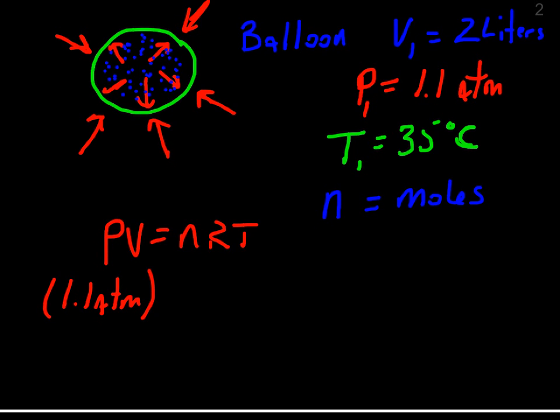The volume is going to be 2 liters. That is going to equal some number of moles n times R. Now, R in this case, since I'm in atmospheres, is 0.081. So I'm going to put that in there.